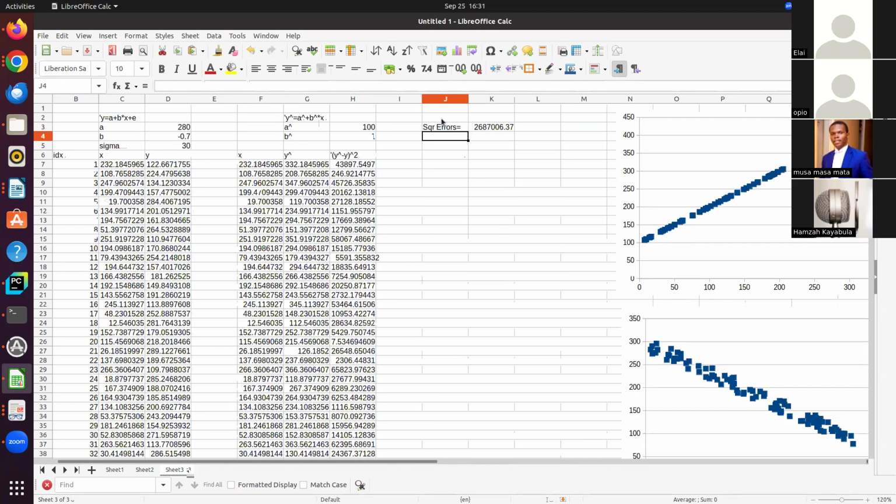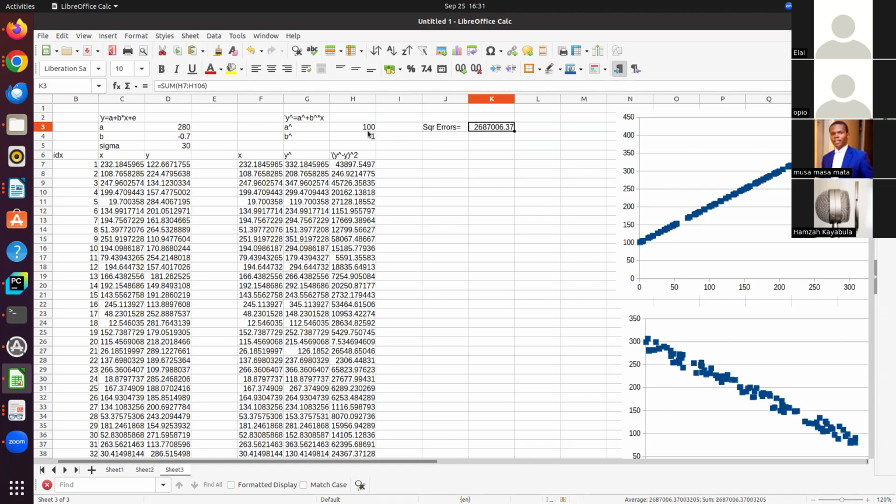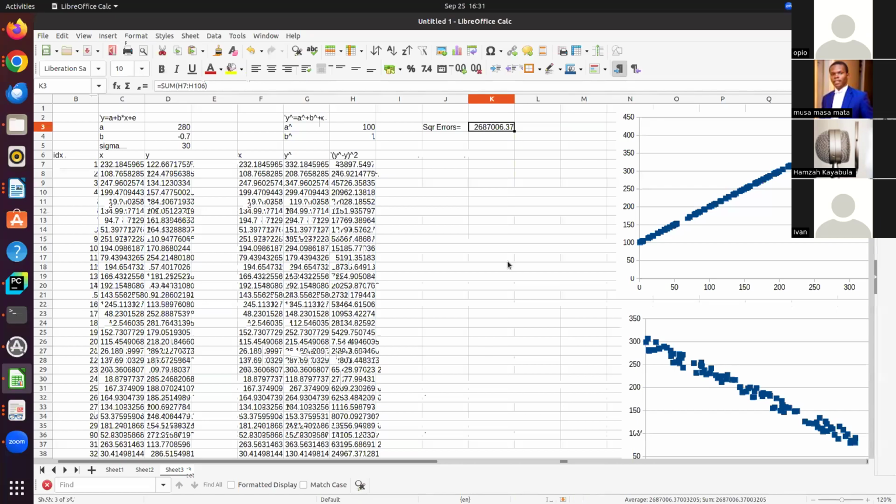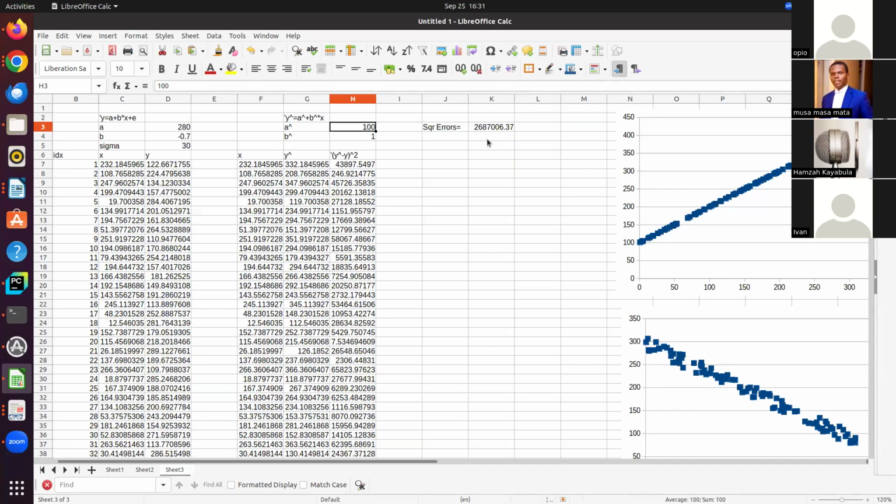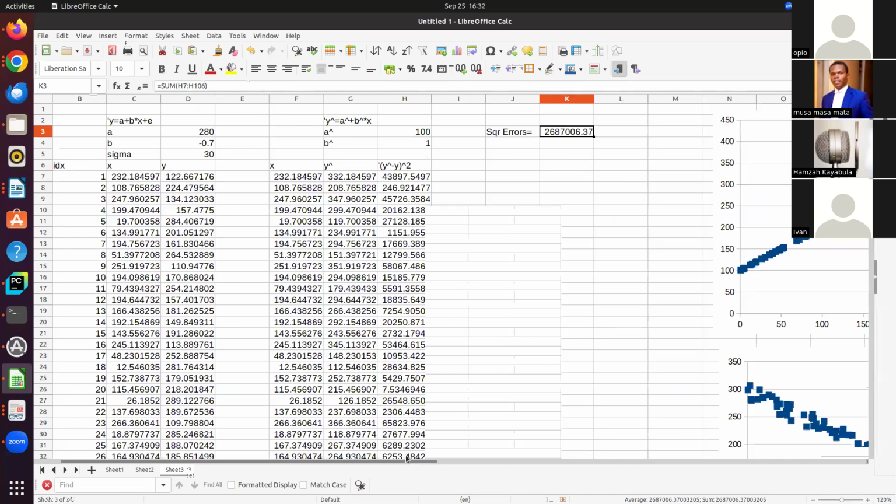Fair enough? Now, we want to find A and B such that this will be the lowest. When this gets low, low, low, that means we're really getting close to the real one. It will be a line. Pay attention to when I change this, let's say even to 200, watch this number. Make it big so you can see it, okay?